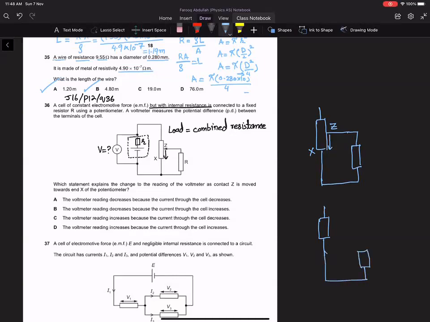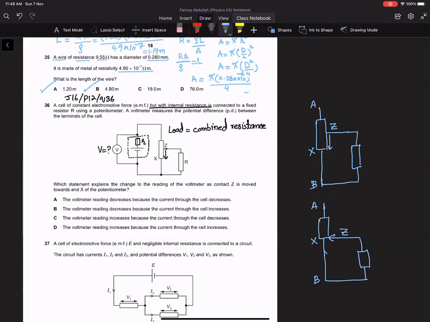So we have moved Z to the bottom extreme and here we have X. We have to find the combined resistance between, say this is point A and this is point B.